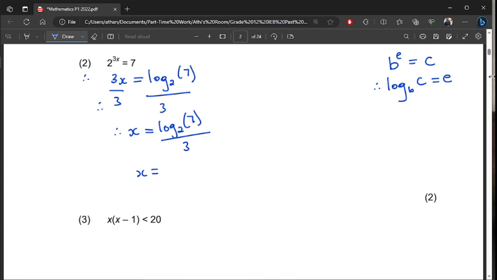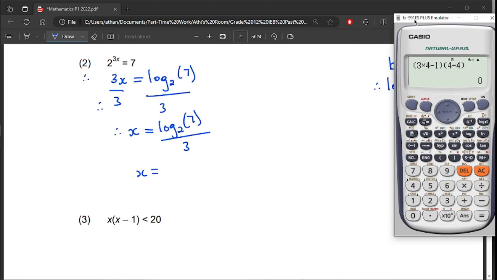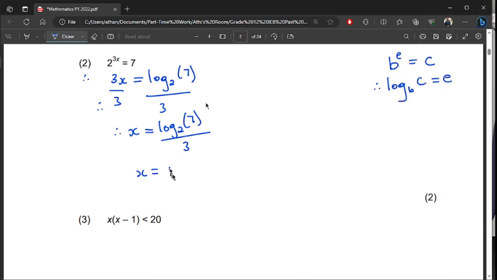The value of x is, I go straight to my calculator: log base 2 of 7, divided by 3. We get our x value as 0.935, but remember we are rounding off to one decimal place, so this is 0.9. That means the value of x is 0.9. There you go, you get your 2 marks just like that.